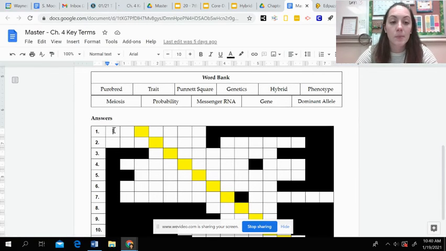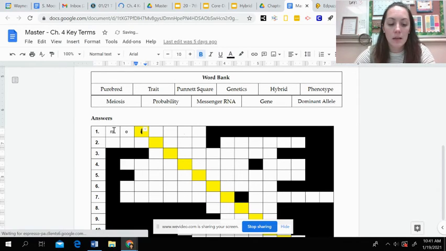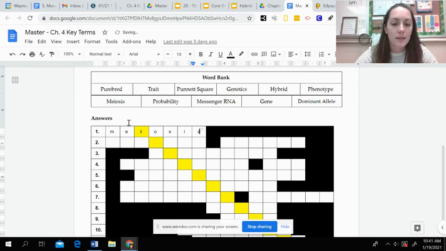I'm going to type in that whole word, one letter per box, and it would look like that. Then that is my answer to question 1, and I would go through and answer the rest of the clues and type in my words.